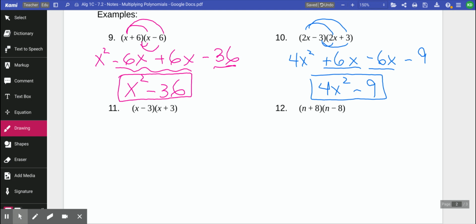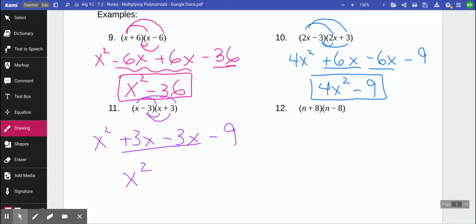Okay, let's take a look at our next one here, number 11. X times x is x squared. X times 3 is 3x. Negative 3 times x and negative 3 times 3. Middle terms are going to cancel out, so we get x squared minus 9.